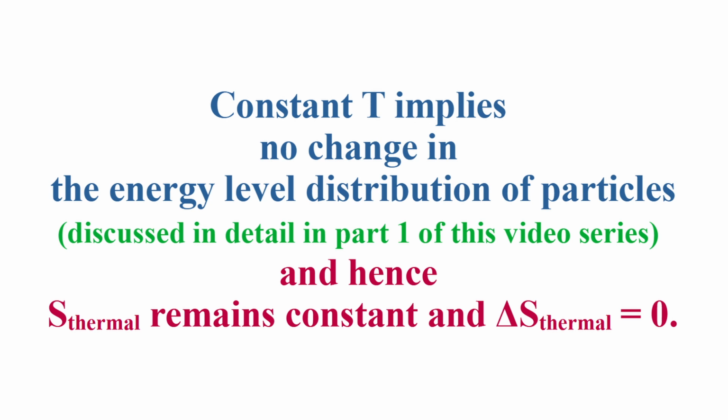The temperature of the container is kept constant so that, as discussed in detail in part 1 of this video series, there is no change in the energy level distribution of the particles of the gas, and therefore S thermal remains constant and delta S thermal equals 0.